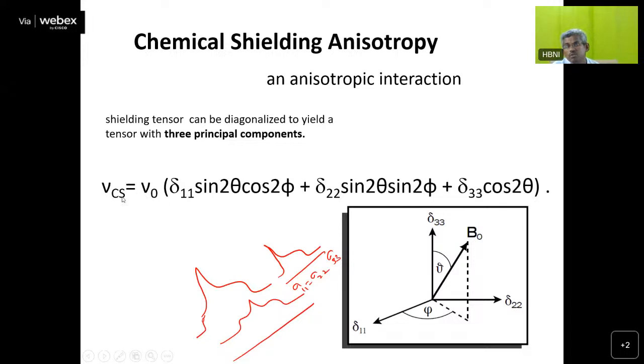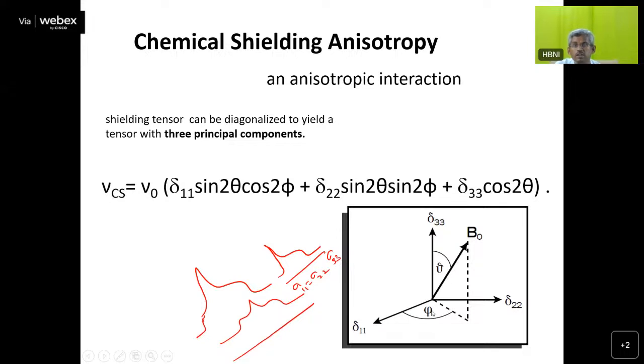If this is the operating frequency, the actual chemical shift is expressed by this type of expression, where theta and phi are the polar angles mentioned in this diagram. Depending upon how the principal axis of the molecule is oriented with respect to B0, that is, depending upon the values of theta and phi.